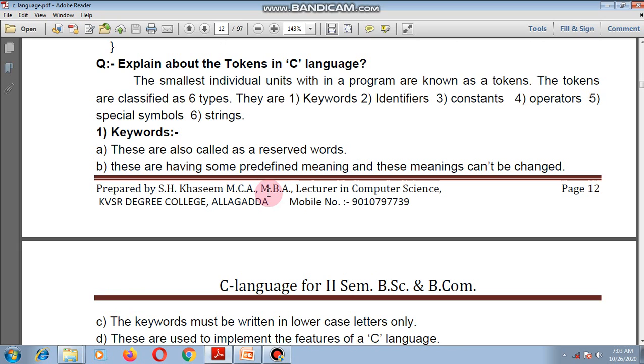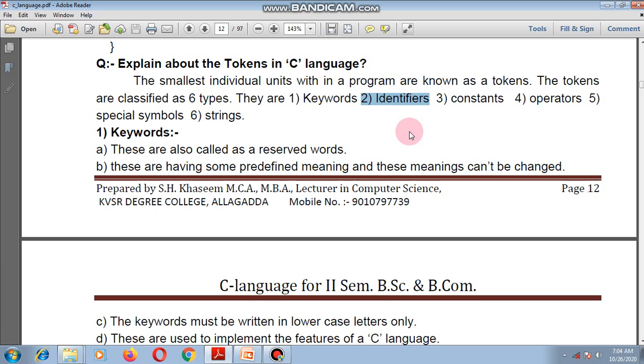Once again I am repeating the tokens. The smallest individual units within a program are called tokens. C language supports 6 types of tokens: keywords, identifiers, constants, operators, special symbols, and strings. Keywords are nothing but reserved words, used to implement the features of C language.